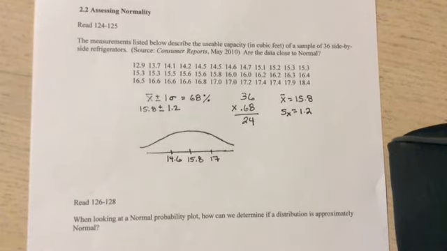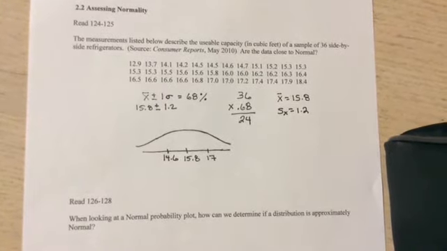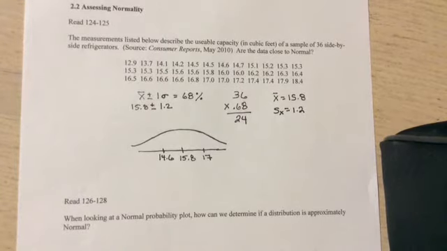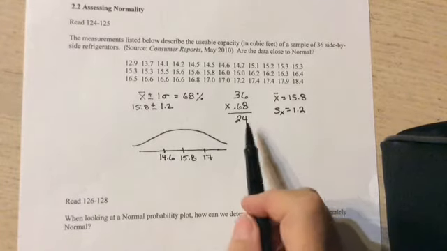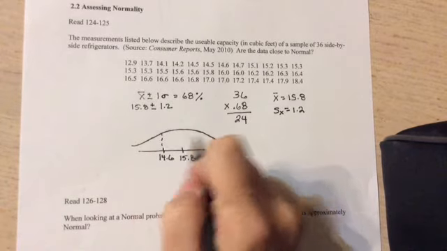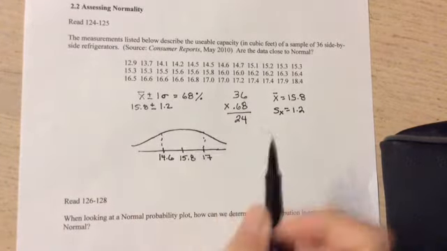So now what we want to do is we want to see if 24 pieces of data fall between these two values.